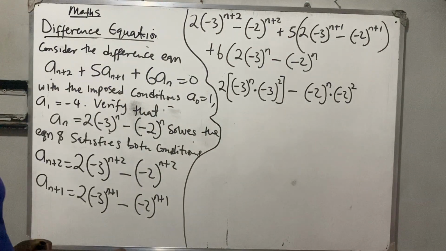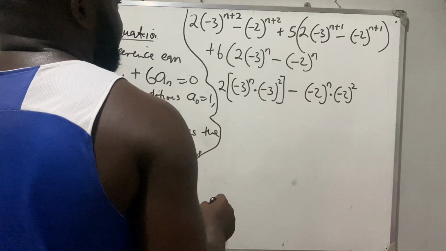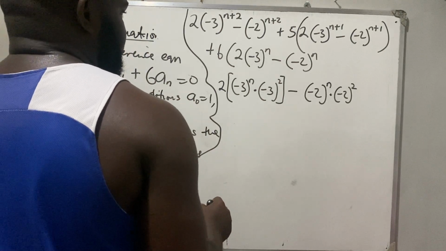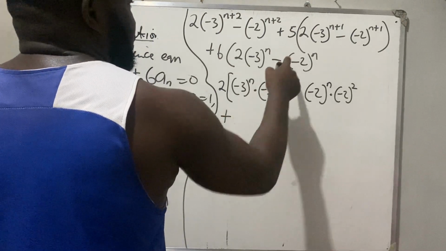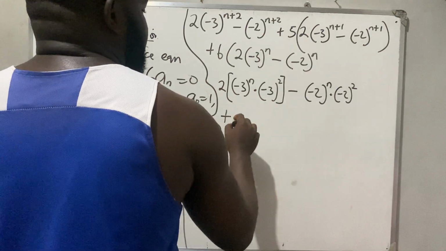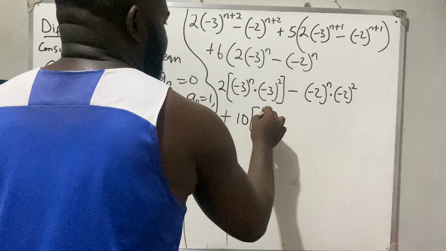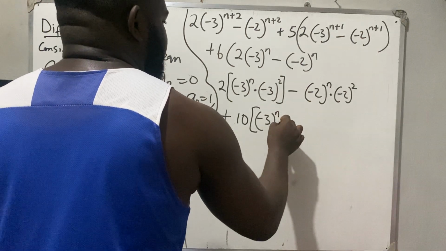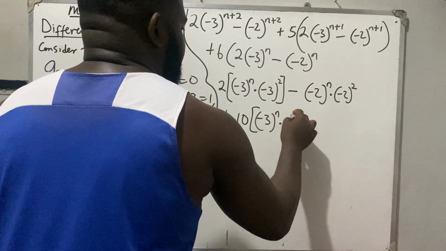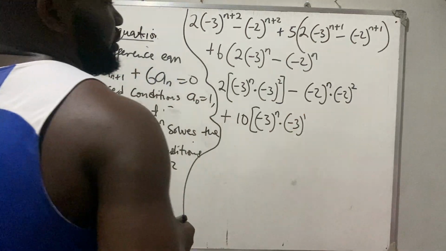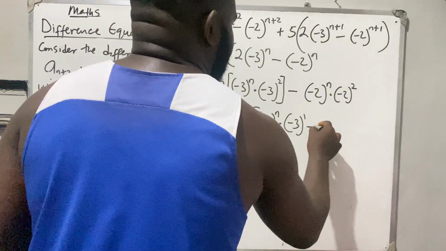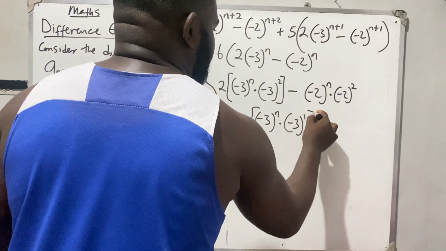Are you getting that now? So plus, for this one 2 times this is 10. So I'm having 10 into, break this one down to have minus 3 raised to power n multiplied by minus 3 raised to power 1. Then minus, okay, sorry, close this one.